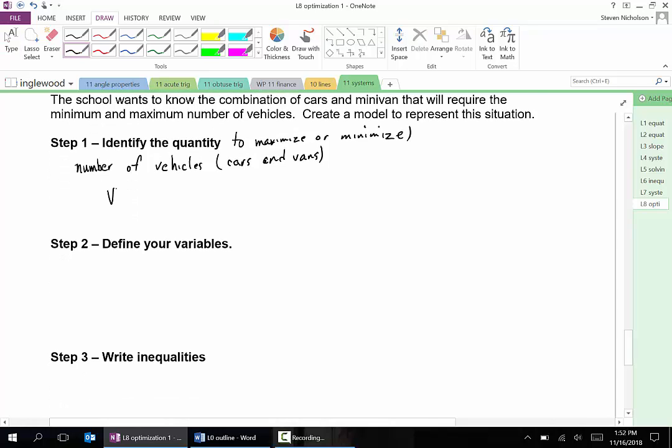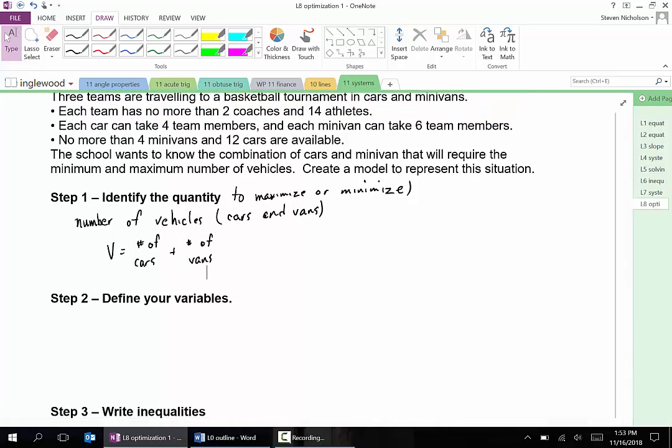So the number of vehicles is equal to the number of cars that we rent and the number of minivans that we rent. Okay, so again, if there's 16 people, I guess we could rent four cars and four minivans, or depending on how you're thinking about this problem.